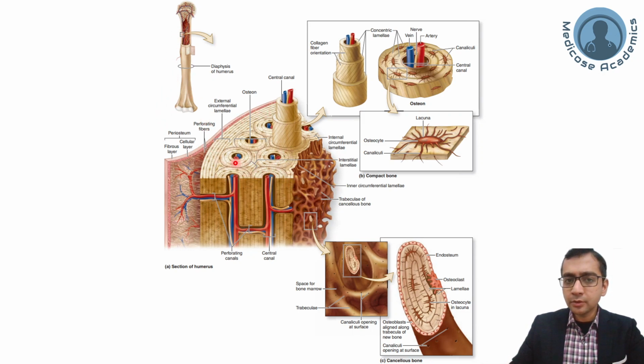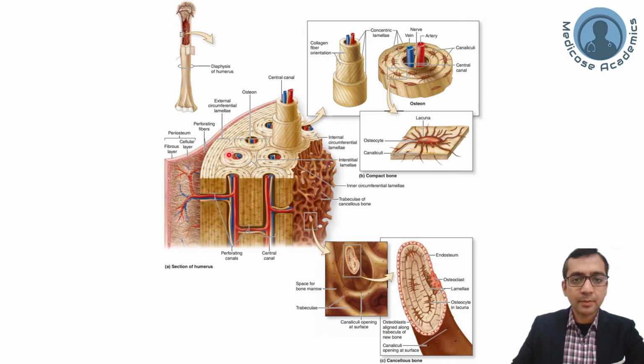The compact bone, although it appears solid to the naked eye, has a very regular arrangement of the Haversian system. The Haversian system is a system of osteons where there are canals running vertically, parallel to the shaft of the humerus, and along them the bone tissue is arranged concentrically.